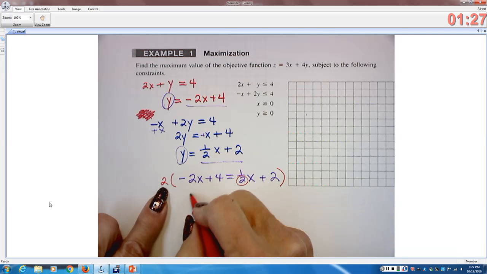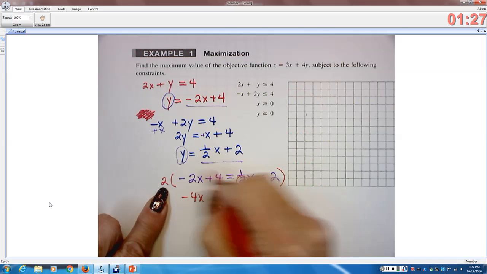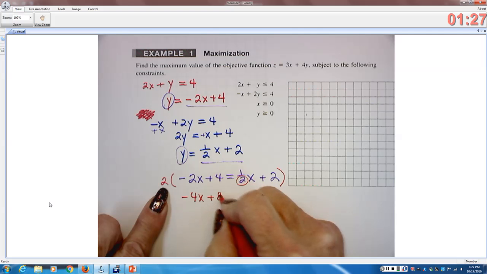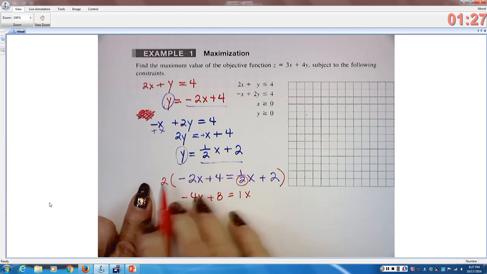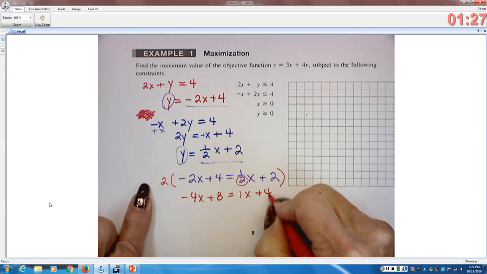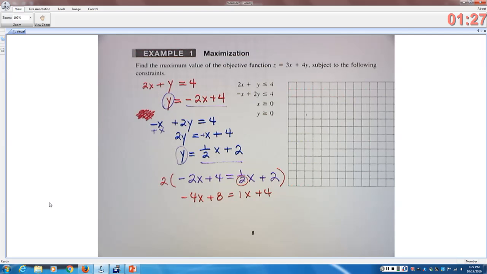So 2 times negative 2 is negative 4x, 2 times 4 is 8, 2 times 1/2 is 1, and 2 times 2 is 4. No more fractions.